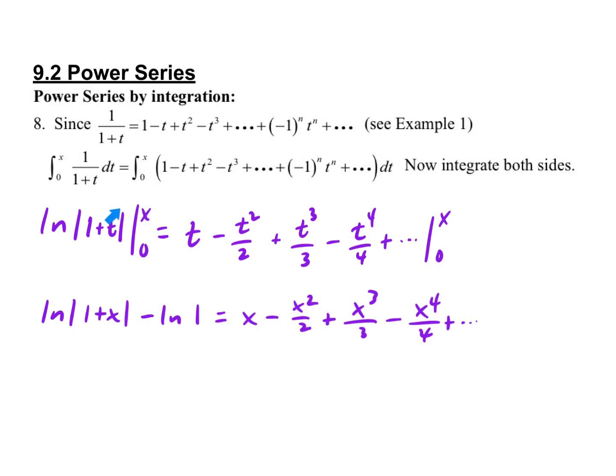So this part is the natural log of the absolute value of 1 plus x minus the natural log of 1. What is the natural log of 1? It's 0, so that can go away. Same over here: when I plug 0 in and subtract, it's just subtracting a bunch of zeros. That's why I don't have it here.